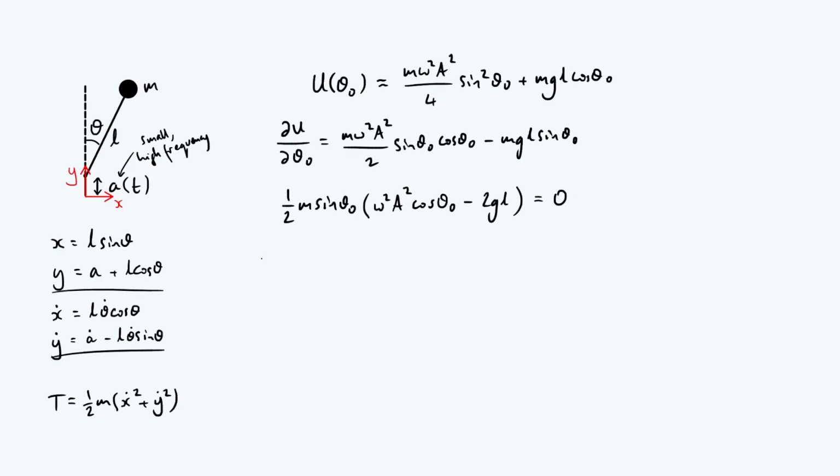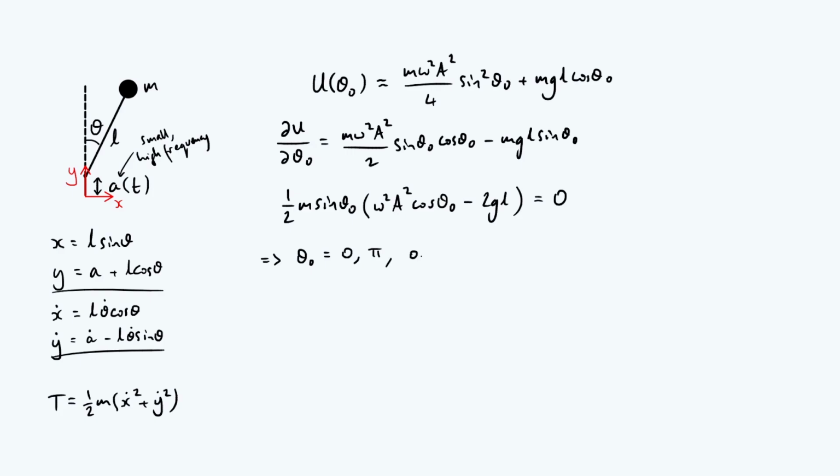Then there are various different cases for which this equation is satisfied. So the first case is when sine theta naught is naught. Of course, that happens when theta naught is just naught itself, or it's pi. Then, of course, any multiple of pi will do, but physically 0 and pi are the only two distinct ones, basically meaning there are equilibria at the very bottom and the very top, right, when the pendulum is vertically above the pivot and vertically below the pivot.